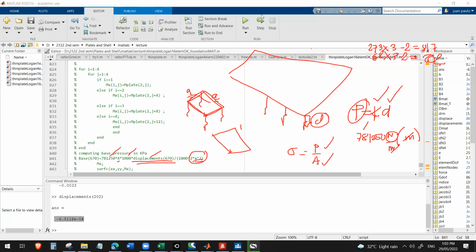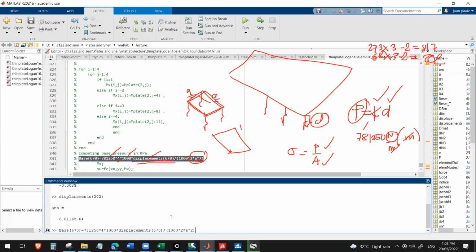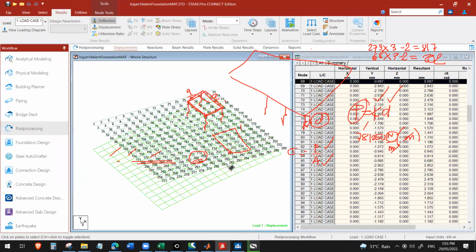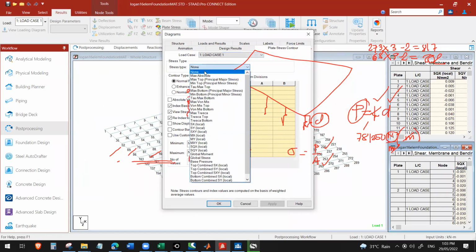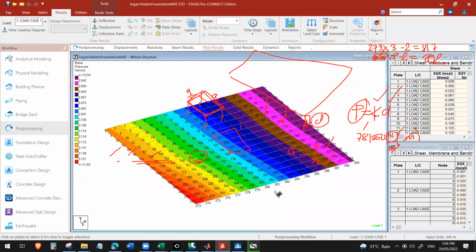With that formula, I copy this and paste here. Then let's say we wanted to find out the base pressure from the plate results, base pressure. Here, this is the base pressure.